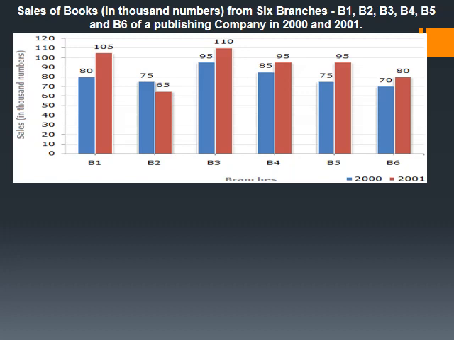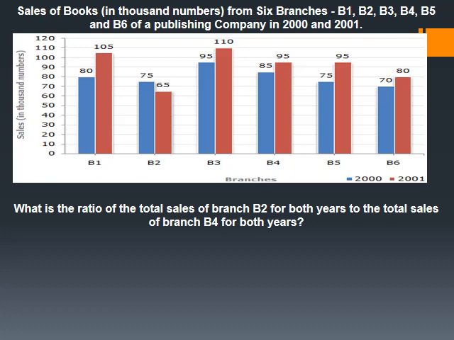And on the y-axis, sales in 1000 numbers is given. Now let us see the question. What is the ratio of the total sales of branch B2 for both years to the total sales of branch B4 for both years? So here we are trying to find a ratio of sales of one branch to sales of another branch.